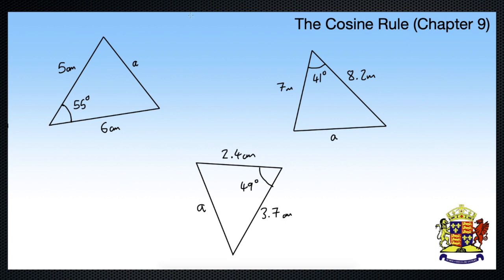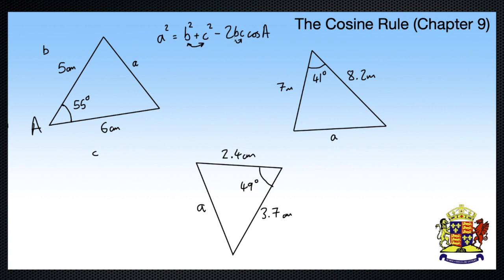Okay, so for the first one, a squared equals b squared plus c squared minus 2bc cos a. Just fill in everything you know. You know this is angle A. You know that these sides are B and C. By the way, it doesn't actually matter which way around you use these. If you look at the formula, we could swap these over and that wouldn't matter.